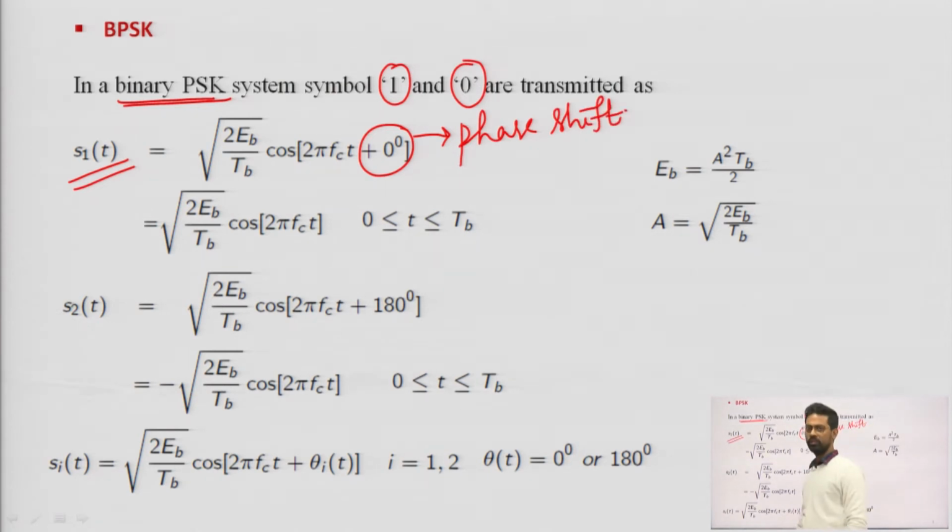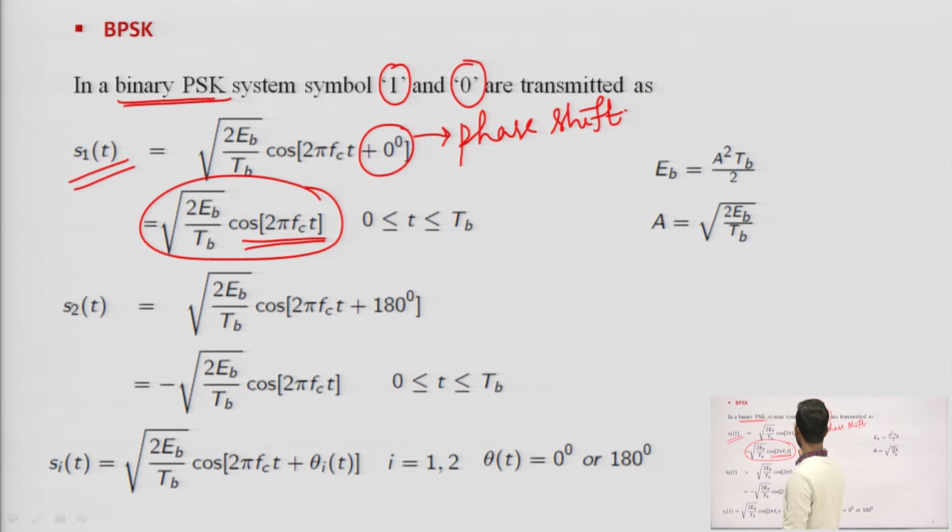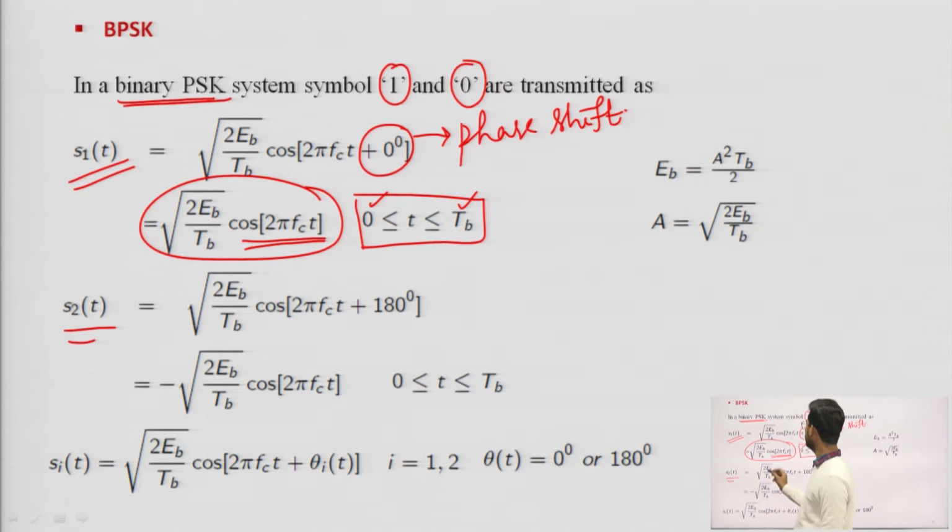Adding a 0 degree phase shift, cos theta plus 0 degree is nothing but cos theta, and this happens in the interval 0 to TB. Similarly, the other symbol S2(t) is root of 2EB divided by TB, cos(2 pi fc t plus 180 degree).